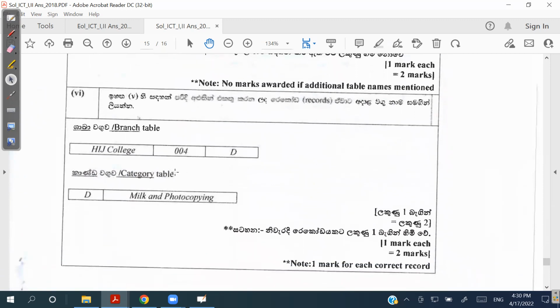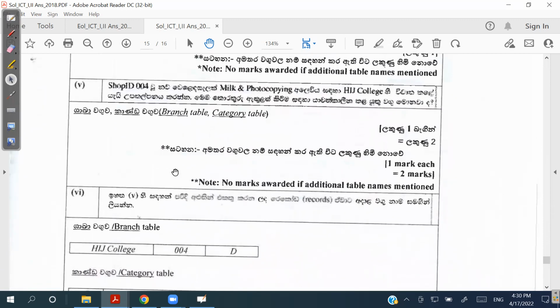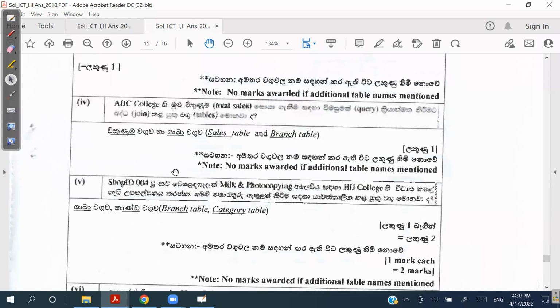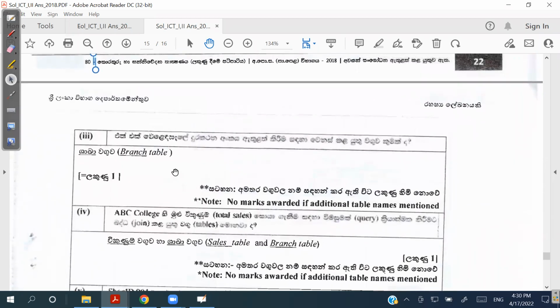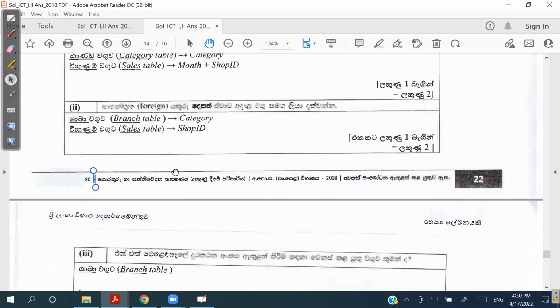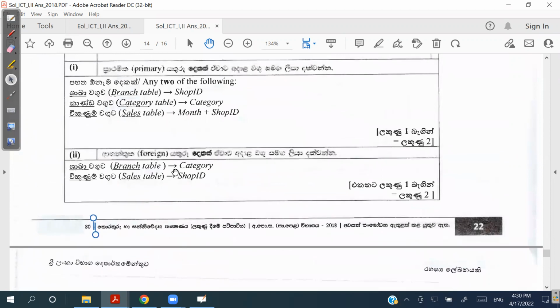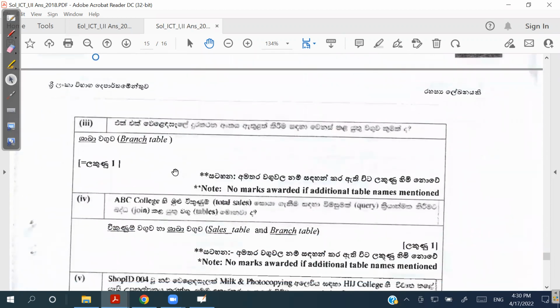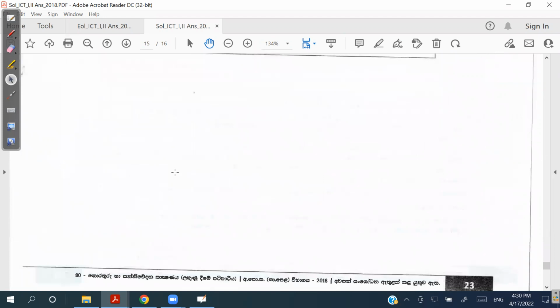So two marks are given for the sixth part, two marks for the fifth part as well, one mark for the fourth, and one mark for the third. And for the first two parts, it's two marks for each part. So that's how the total of 10 is given.